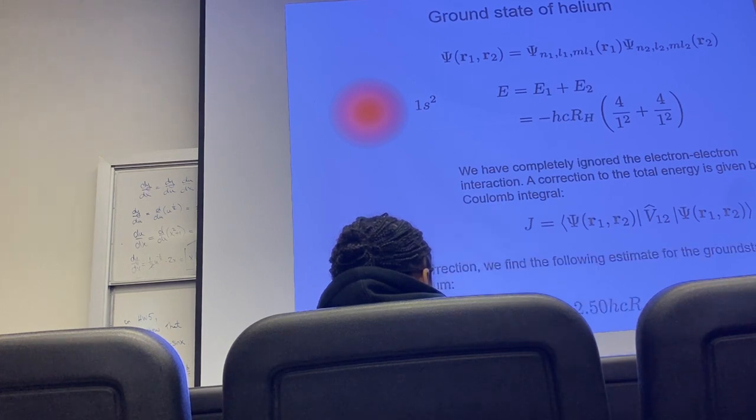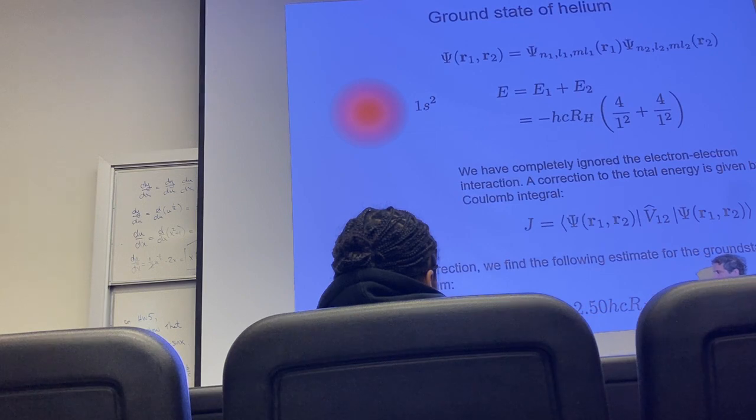The total then is this. So the total energy is just this energy, which is the energy by simply adding up the two electron energies, but not having them interact. Calculate the J integral, which is this guy, and then get the total energy.